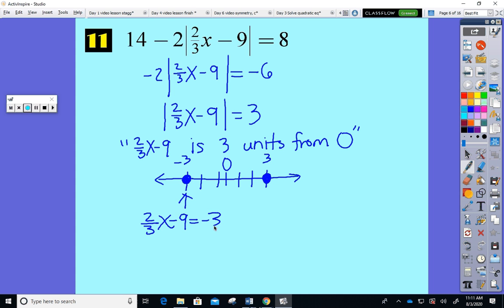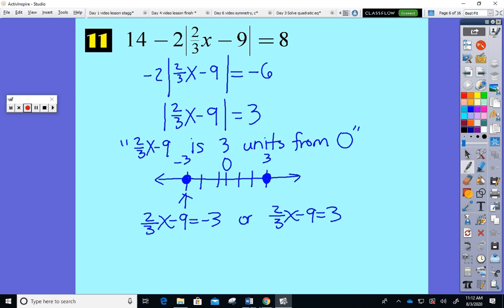And it could be on -3 on the number line, or it could be on +3 on the number line. That's why you break absolute value equations into 2 separate baby equations. All right? Now I've got 2 equations that lack absolute value bars, which means I can start moving things around to isolate x. You follow what I've done?